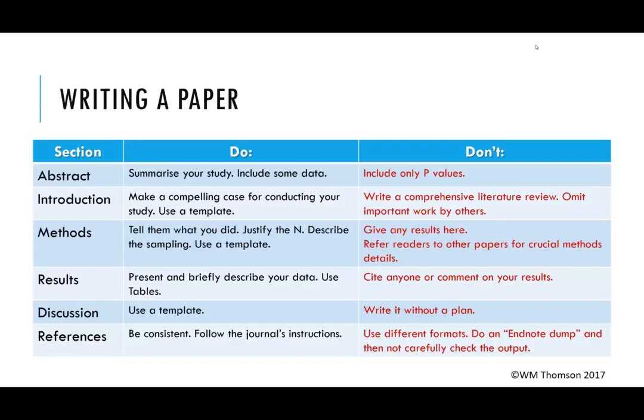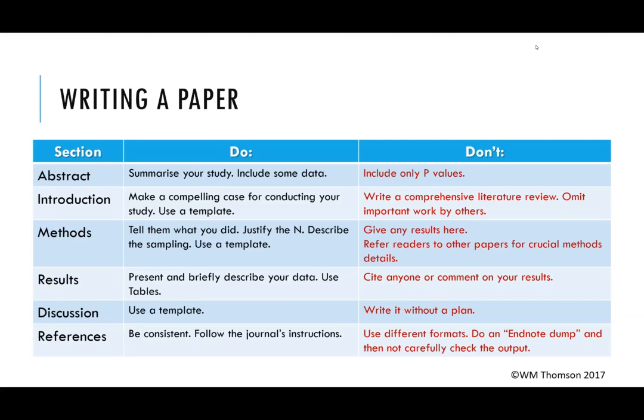So these are just some principles that I've found are important when writing a paper. I've got some do's and don'ts here, a do and a don't for each section of the paper. In the abstract, do summarize your study.